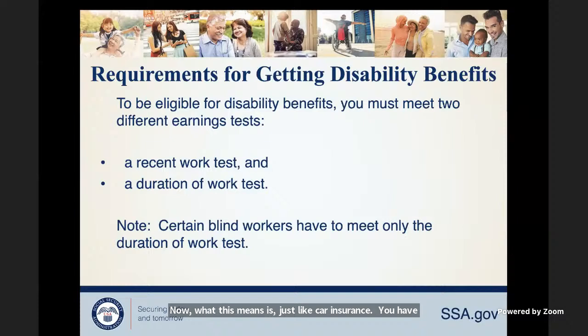So let's say somebody worked the 10 years, everyone knows you have to pay in 40 quarters, 10 years of work for retirement, but maybe they stopped working 10 years ago, 11 years ago, and decide to file for disability now. Well, those quarters expire. So you have to be insured, we call it, the last 5 out of 10 years.